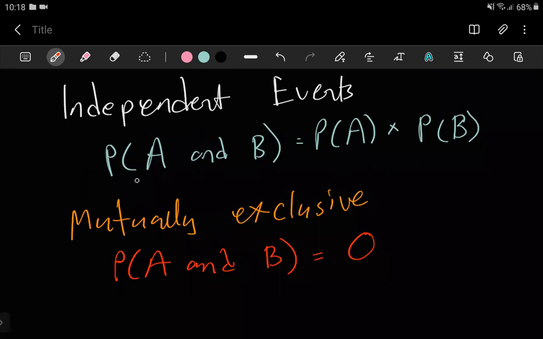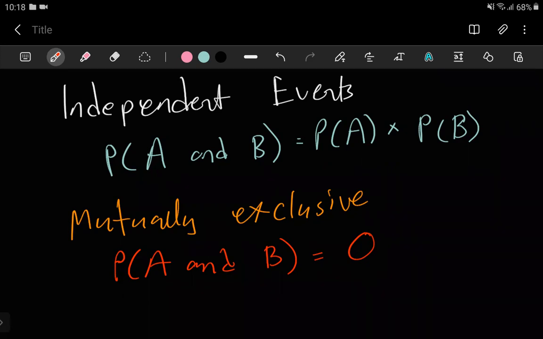This is something you would have been given, or something you would have needed to work out beforehand. So after doing these two calculations, the probability of A and the probability of B, they should give you this value here. If they do that, then whatever you've done is leaning towards you working with independent events.